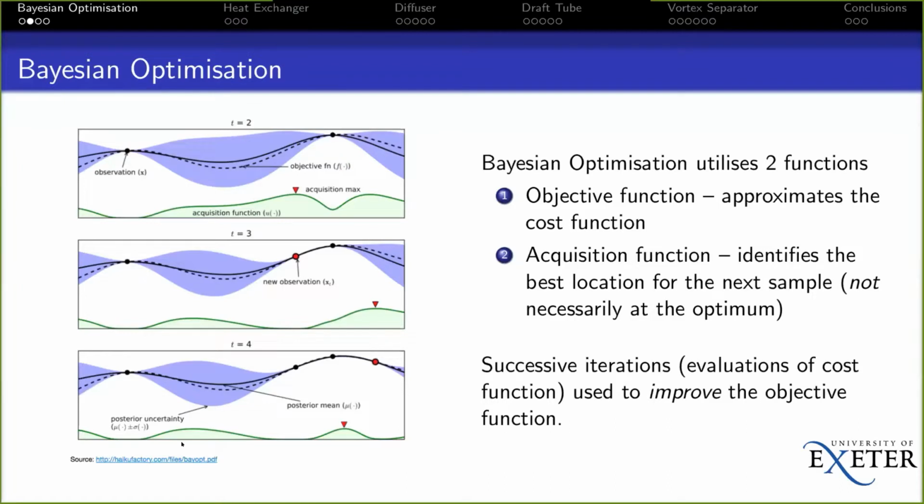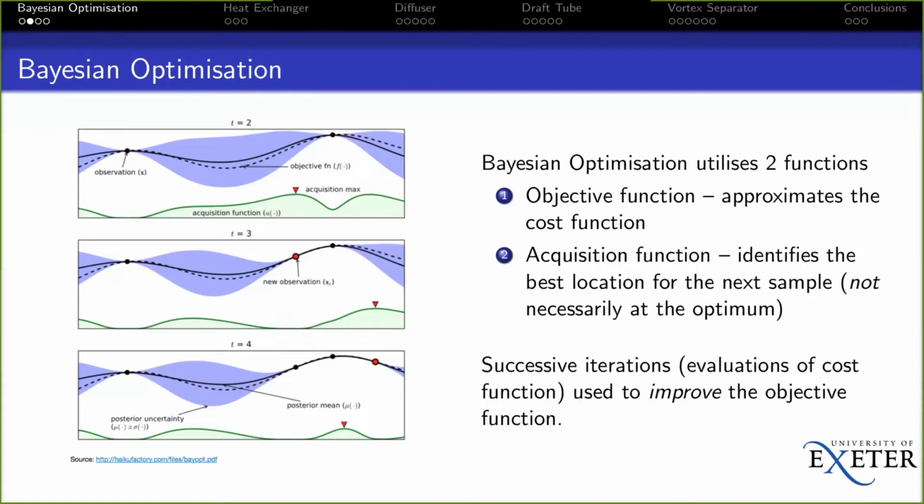because it illustrates very nicely how the process is working. And in Bayesian optimization, we actually have two important functions: an objective function and an acquisition function. Now, the objective function, which is this dashed line here, is our attempt at an approximation to the true response function, the true cost function for the system. That cost function is this solid line here, and of course we don't know what that looks like, except at a limited number of points where we've chosen to run our CFD model.